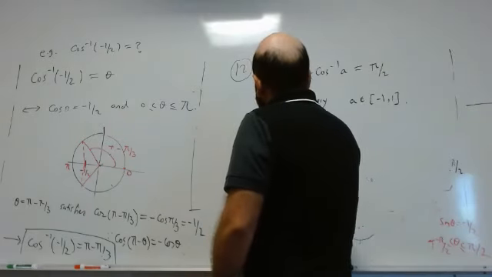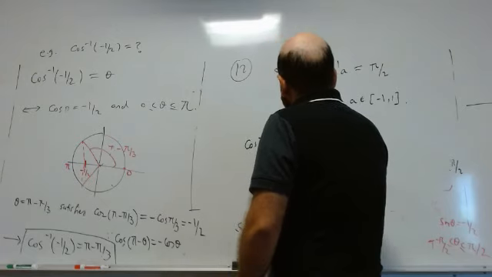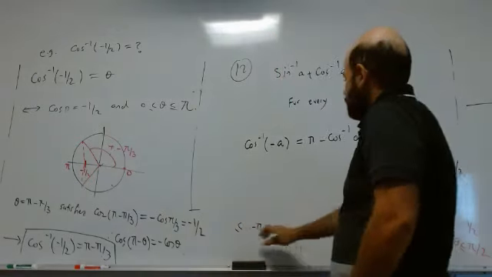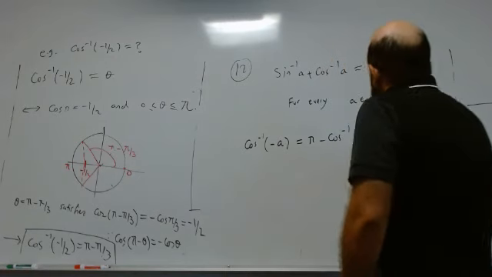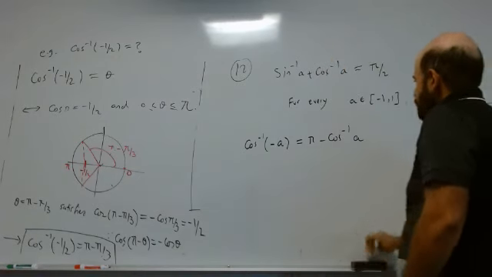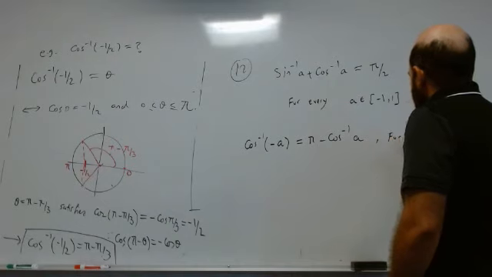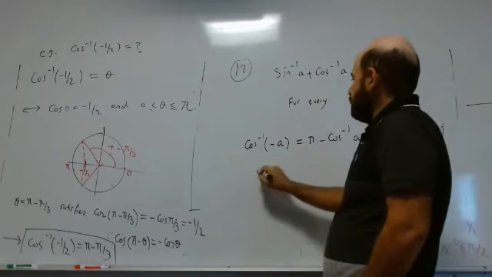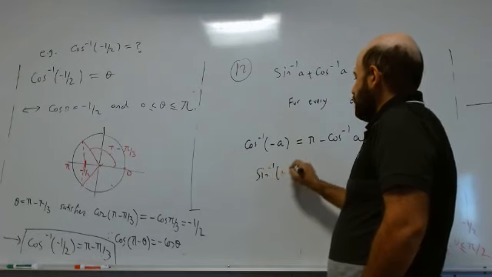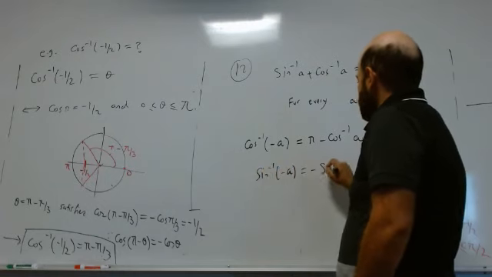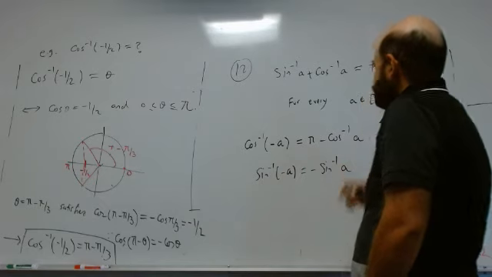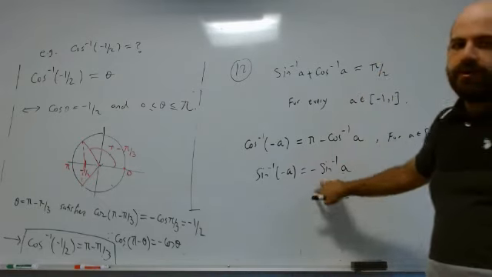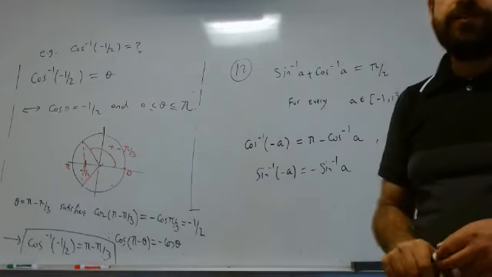Cos inverse of minus a is pi minus cos inverse of a, for a between minus 1 and 1. And sine inverse of minus a is equal to minus sine inverse of a. So you saw the proofs for these properties in pre-calculus without using derivatives.